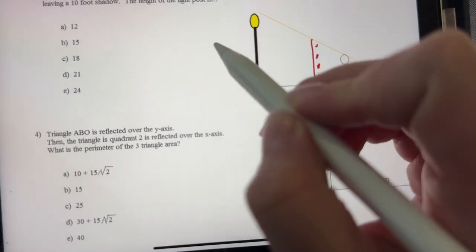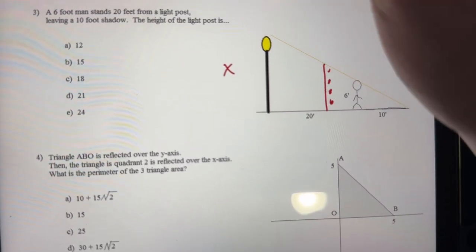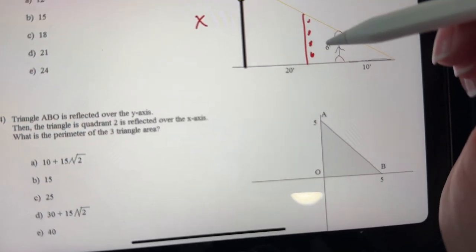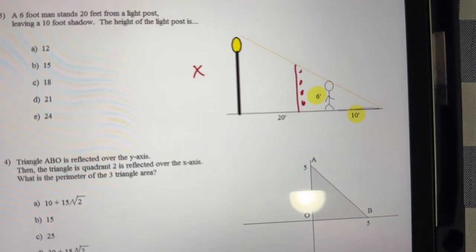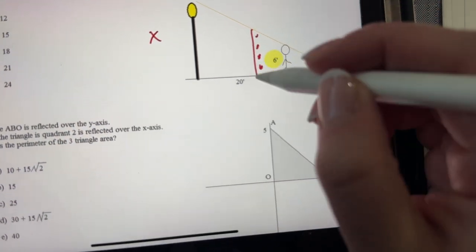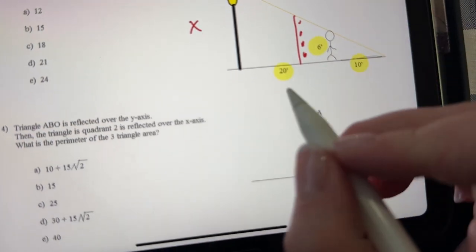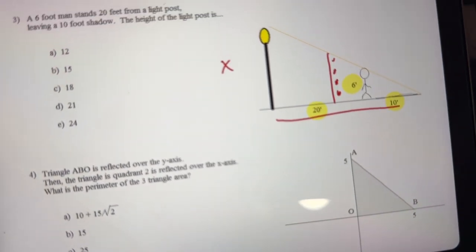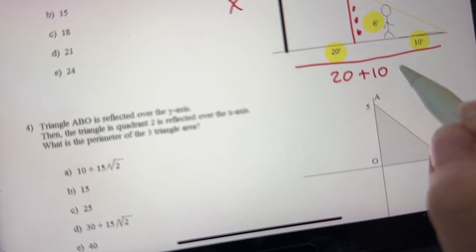You have an unknown height of this lamppost, but you do know this triangle, 6 feet right here, and 10 for the base, and we have 20 for this base. But altogether, the length of this is going to be 20 plus 10, which is 30.